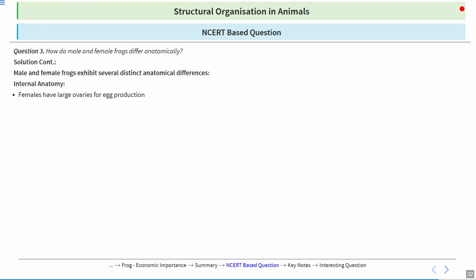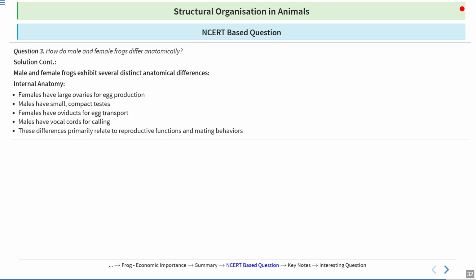Internal anatomy: females have larger ovaries for egg production and males have smaller, compact testes. You can see the size of the testes is small, but the ovaries are quite large. Females have oviducts for egg transport, but males have Bidder's canal. These differences primarily relate to reproductive function and mating behaviors.